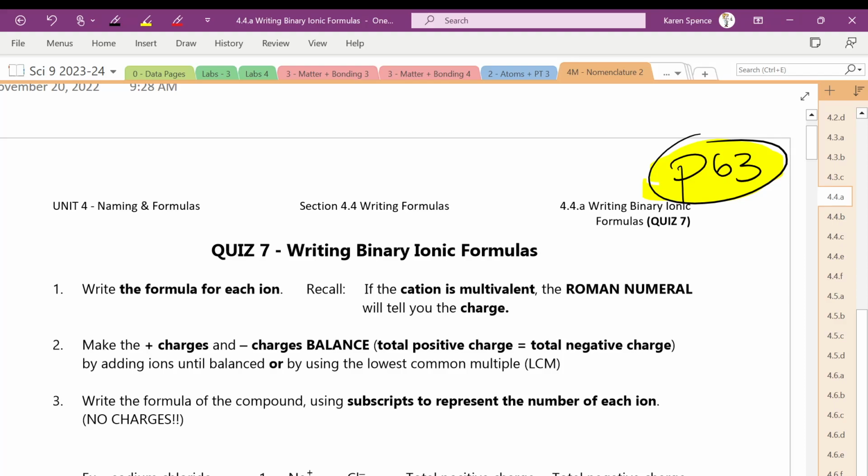Up till quiz 6, we have been going from the formula and writing the name.